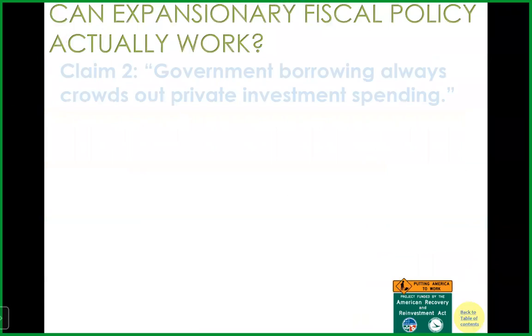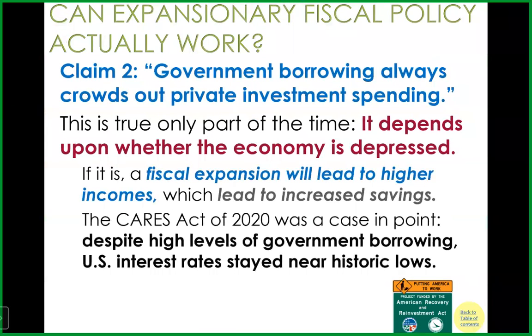Now the second critique regarding expansionary fiscal policy is that government borrowing crowds out private investment borrowing, or private spending. Why? The argument goes as follows: the money available in the financial market is limited. If the government borrows more, then there's less money available for the private sector to borrow. But the answer to that is similar to the first one.